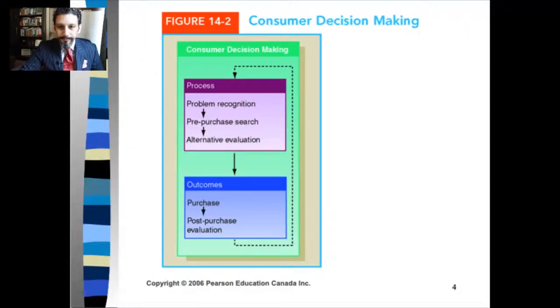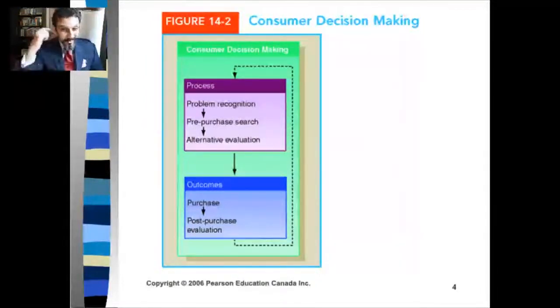So how does the decision making process work? It starts at the top with problem recognition. You recognize there's a problem. It could be something as routine as you feel hungry and you want to go eat something. That's a problem. It could be a problem, a need, a want, a desire, whatever.